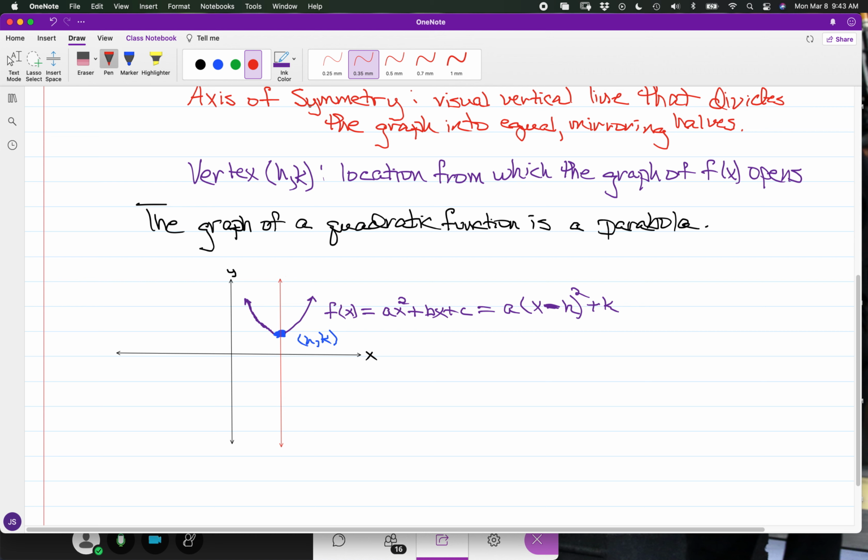And for what we have in this particular instance, with the behavior of the graph, we're going to have that a is positive, and we're talking about the very same letter a here. So a is greater than 0, and this signals that f of x is going to open up.